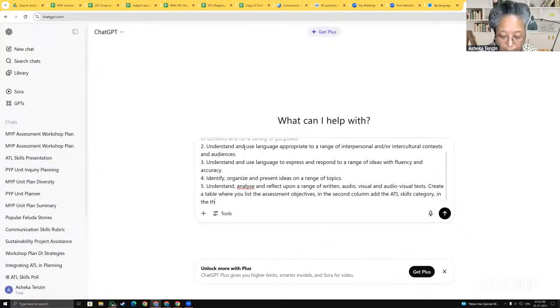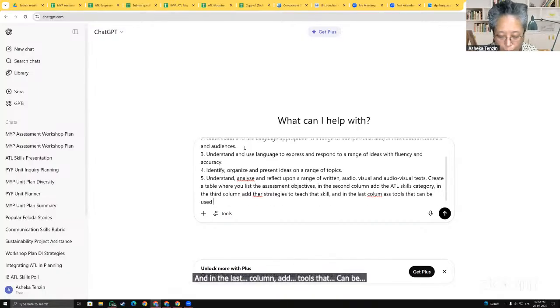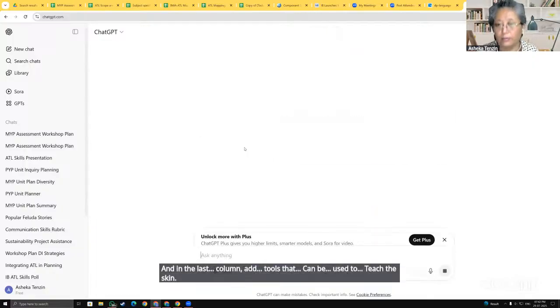In the third column, add the strategies to teach that skill. And in the last column, add tools that can be used to teach the skill.